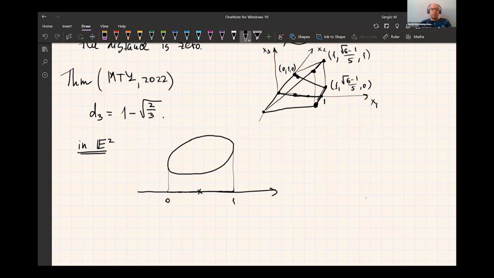So our first step will be the so-called Blaschke shaking. So we're going to shake our body. How do we shake bodies? We consider, in this case, segments orthogonal to our chosen direction. We pick middles of those segments and we bring them down.